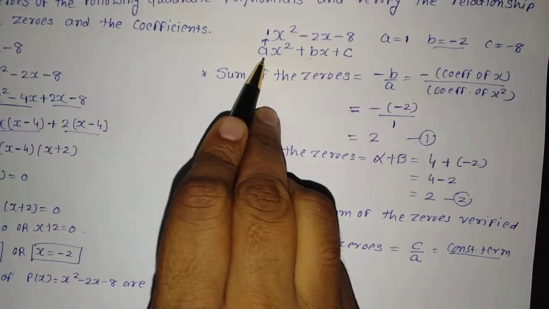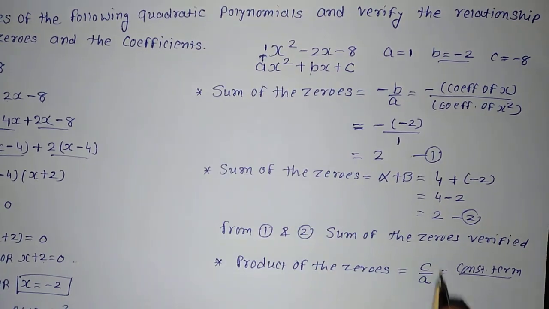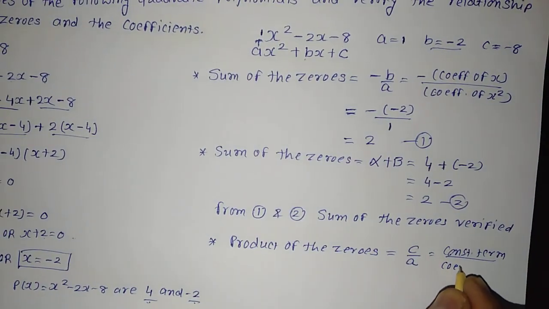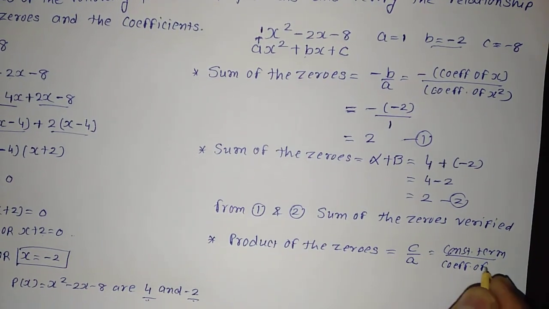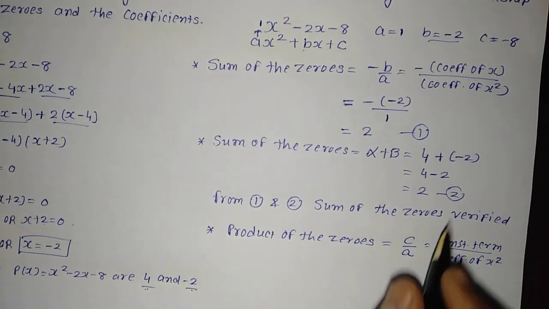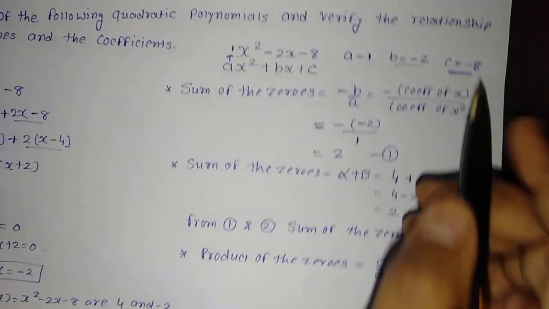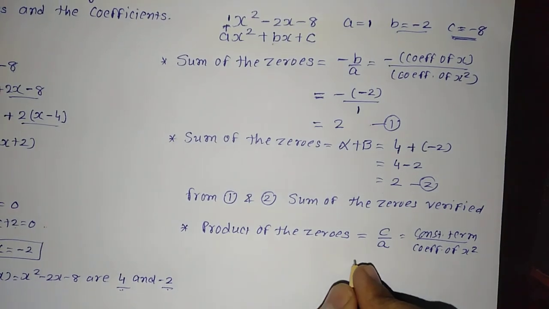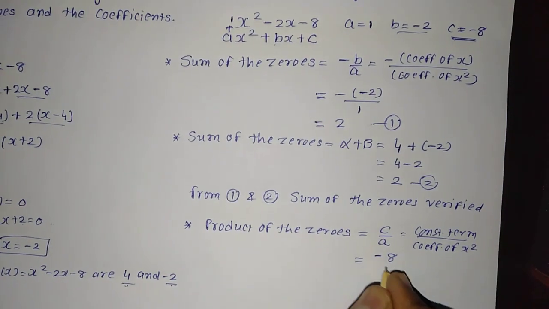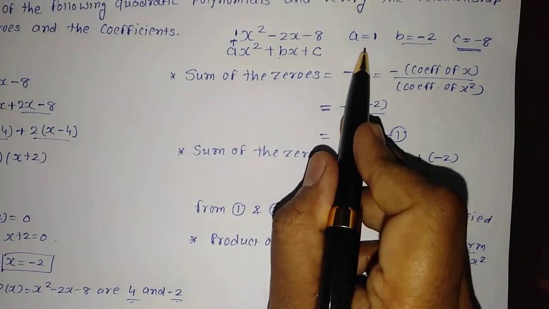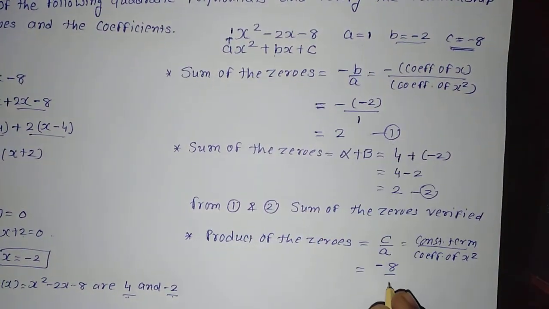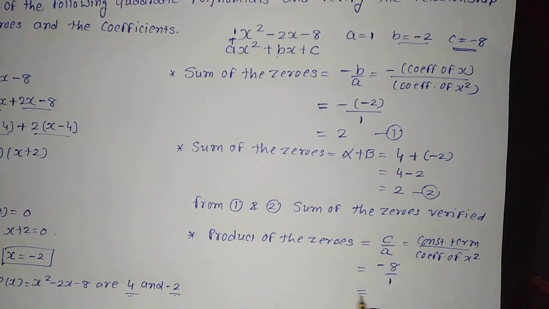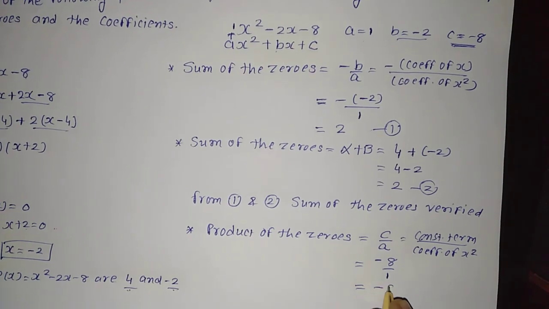What is a? a is the coefficient of x square. What is the value of c? We know c is equal to minus 8, so that is minus 8 upon a. What is a? a is equal to 1. So the product of the zeros is equal to minus 8.